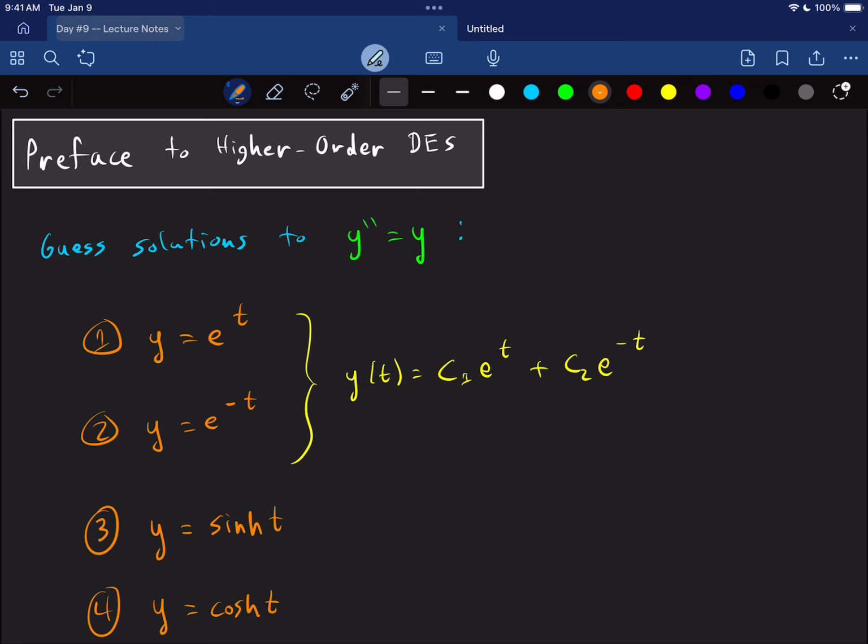It's because you don't actually have four answers. What's actually happening here is sinh and cosh can be written in terms of e to the t and e to the negative t.